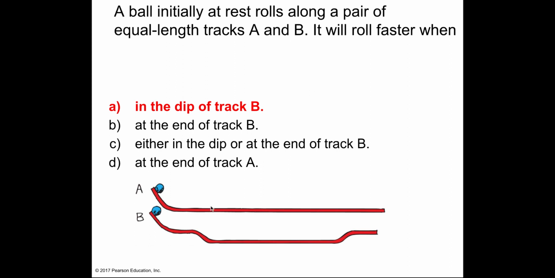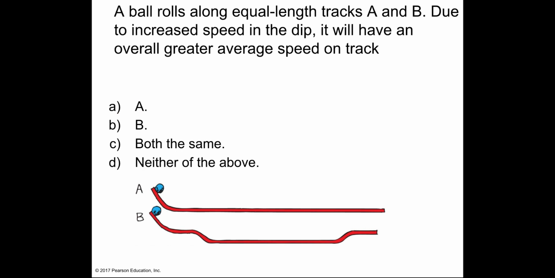So this curved path is going to make it change direction, and changing direction will make it accelerate. A ball rolls along equal track lengths A and B. Due to increased speed in the dip, it will have an overall greater average speed on B.